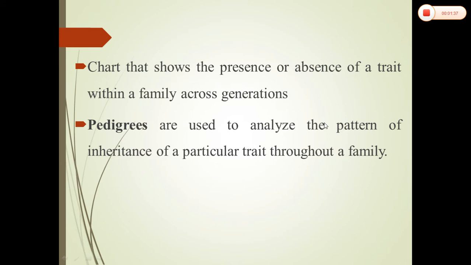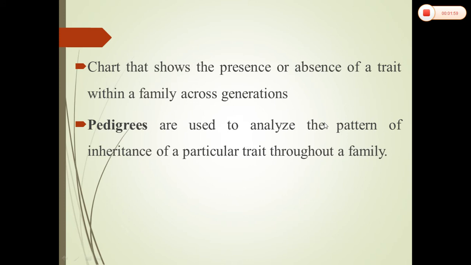So for that we use certain types of symbol. We study a family history for a particular trait, and from that we predict the chance of transmission of that trait to the next generation. So it is a chart that shows the presence or absence of trait within a family across many generations.